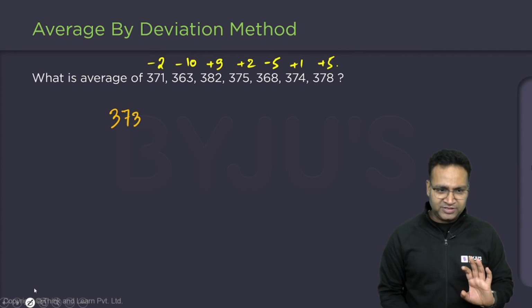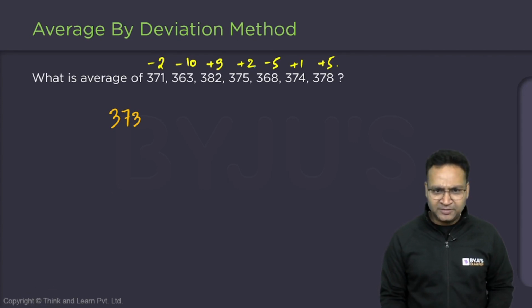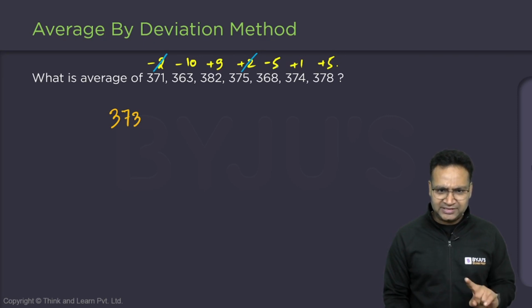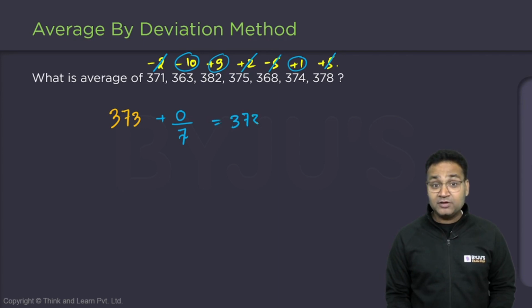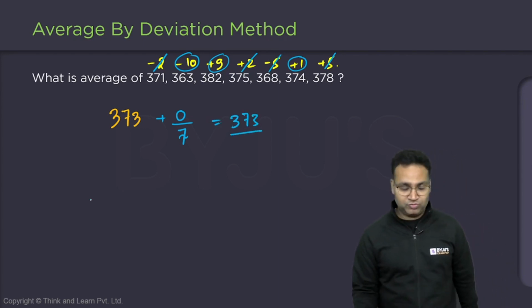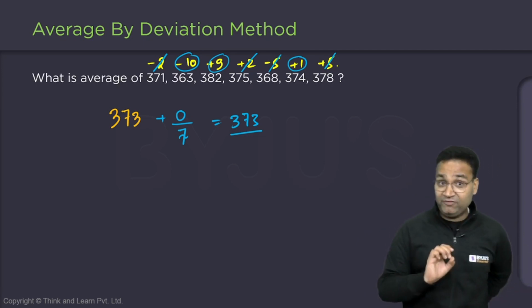Let me see what the total deviation is. Minus 2 and plus 2 cancel, minus 5 and plus 5 cancel, 9 and 1 make 10, and this is minus 10. So what is the total deviation? 0. Divide by the number of numbers, and the average is 373. So did your answer change? It is definitely the same.